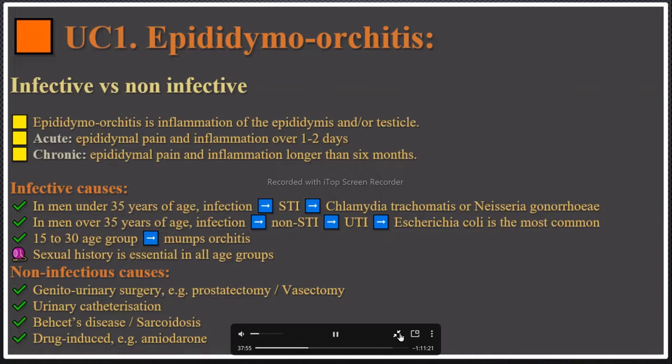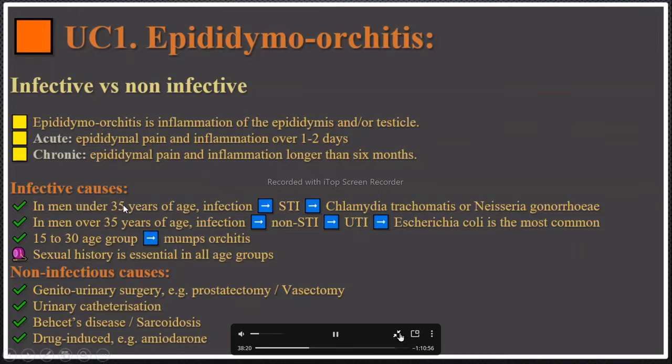Think about infection, think about sexually transmitted infection. Which organisms? Gonorrhea and chlamydia. Remember that. If the patient is under what? 35.